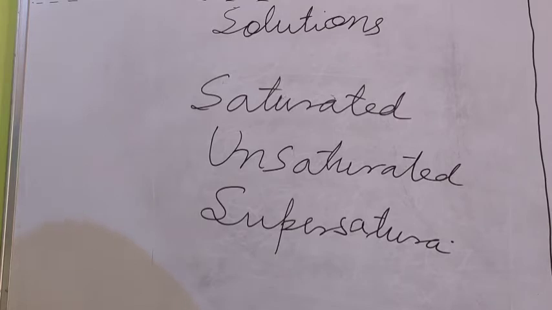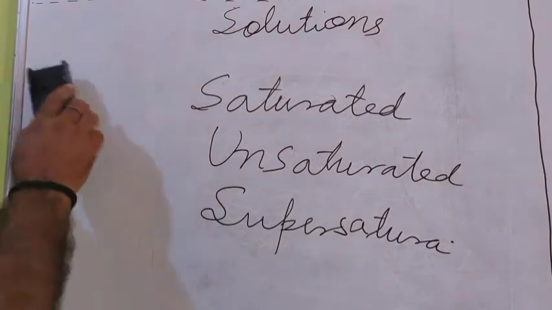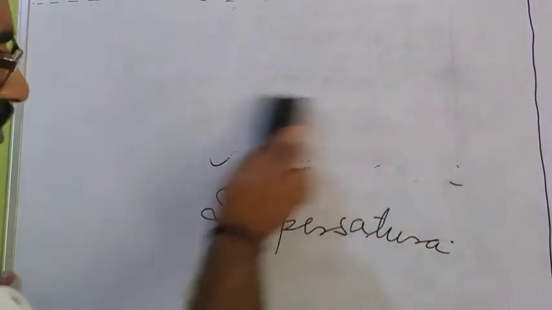In 12th class, the first topic we have to discuss the types of solutions, and the types of solutions, that is on the basis of solvent. If solvent is solid, then that is known as solid solution.